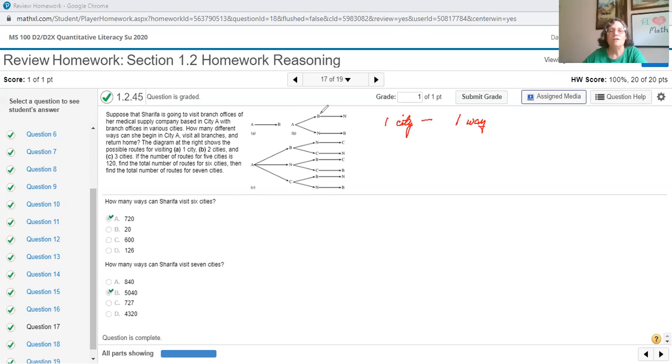If there are two cities, say B and N, she can go to B first and then N, or N first and then B. So if she has two cities to visit, she can do it two different ways.